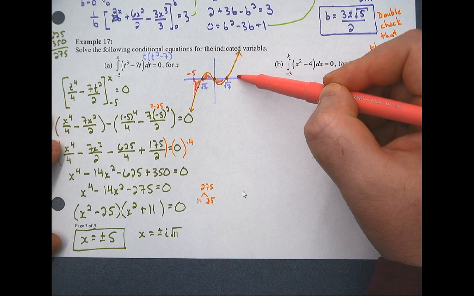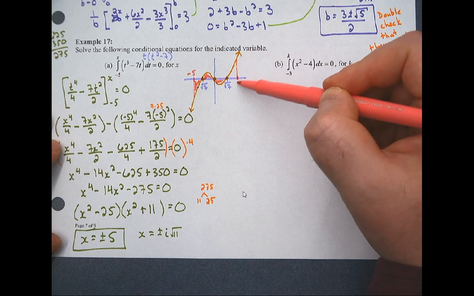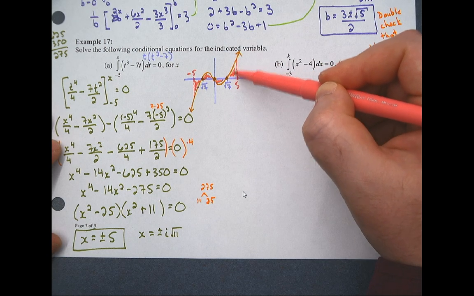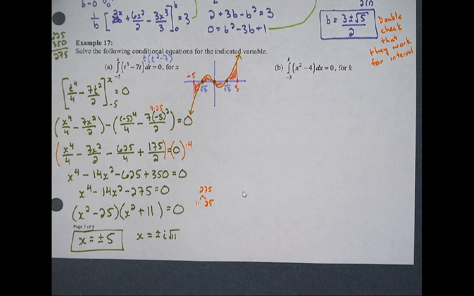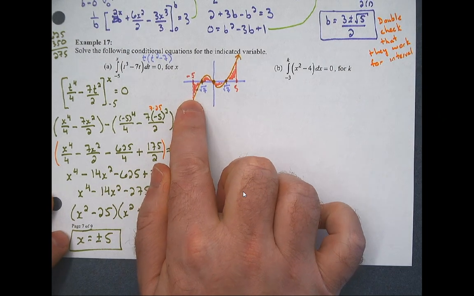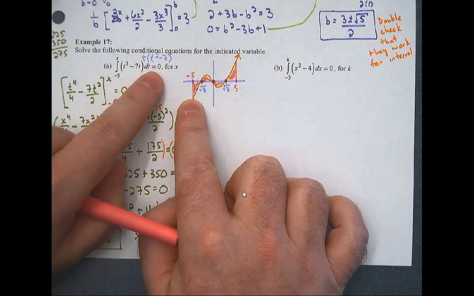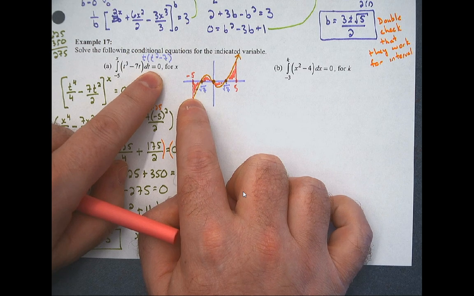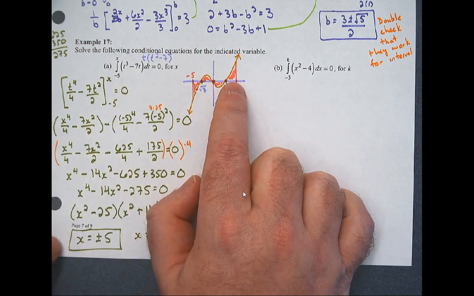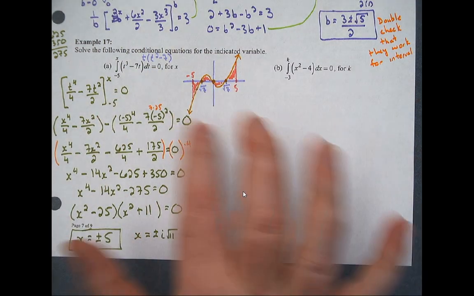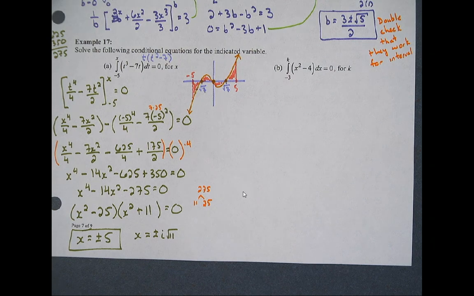So from the positive root 7, I would need to go to positive 5. So those two answers should make graphical sense as well. Because if you're starting at negative 5, if you don't go anywhere, you automatically have an area of 0. And then you'd almost have to go to the other extreme to be able to get that value. Now, that's because we're odd and some interesting things happen there.